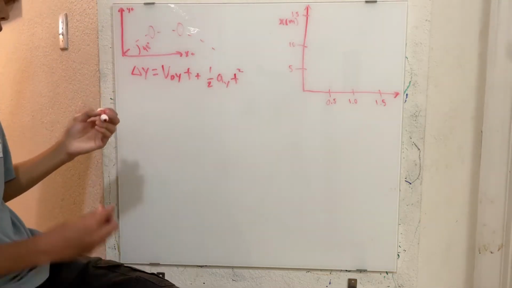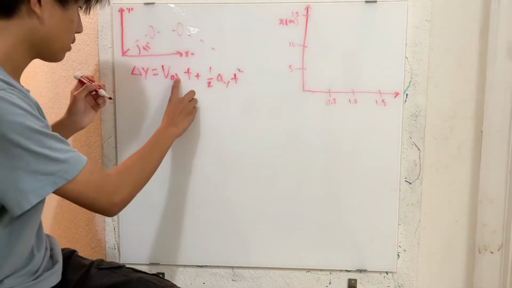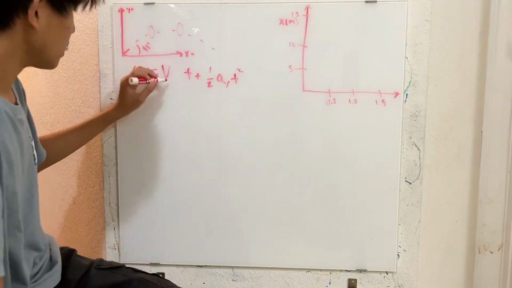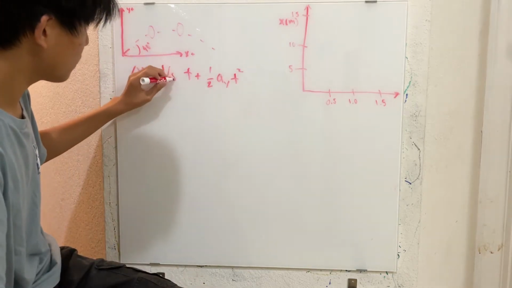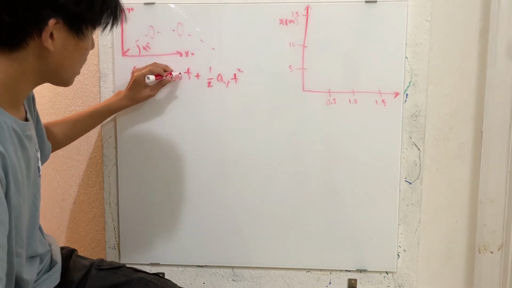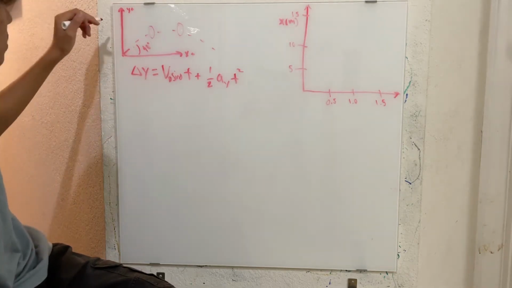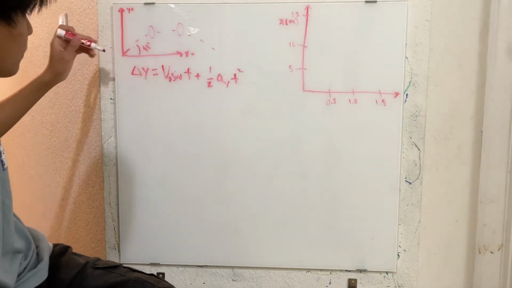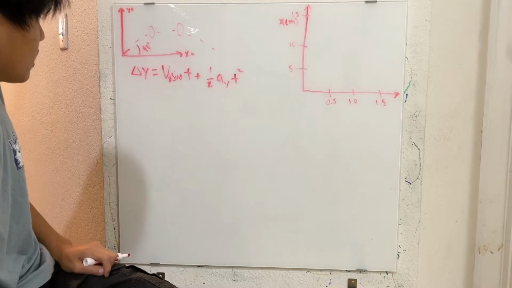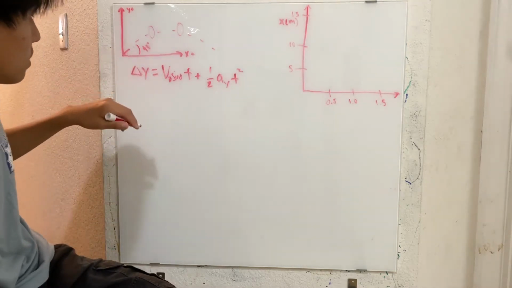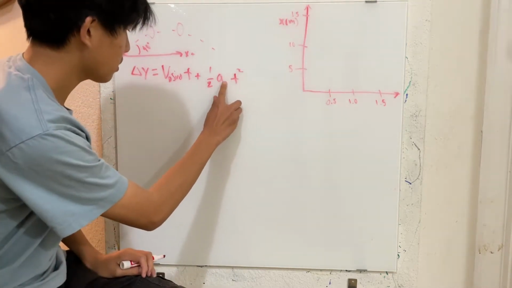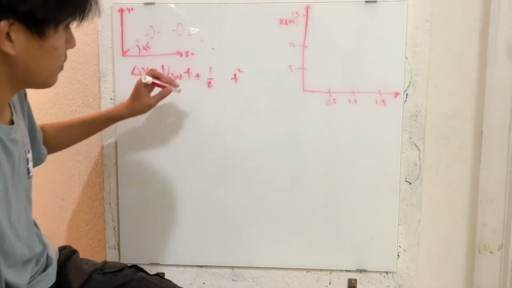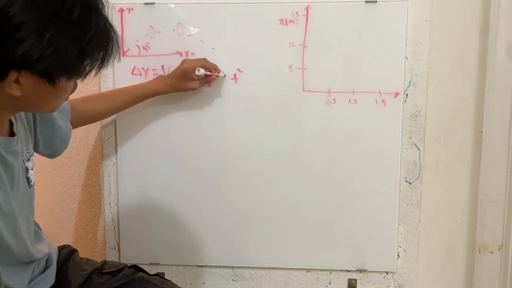And immediately here I'm going to replace this with some other stuff. So v naught y can be written as v naught times sine theta, because to find the v naught in the y direction, we multiply by the sine of the angle, and I'm going to replace a y with g.